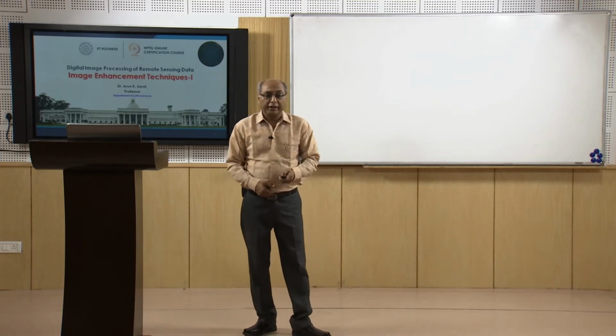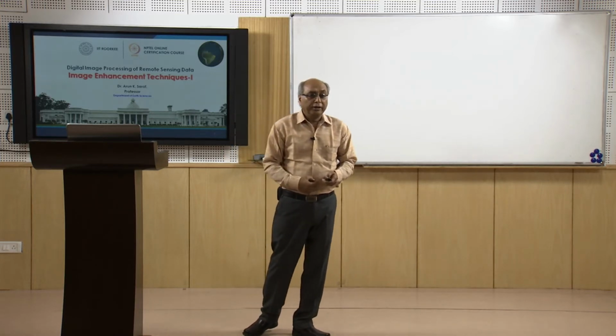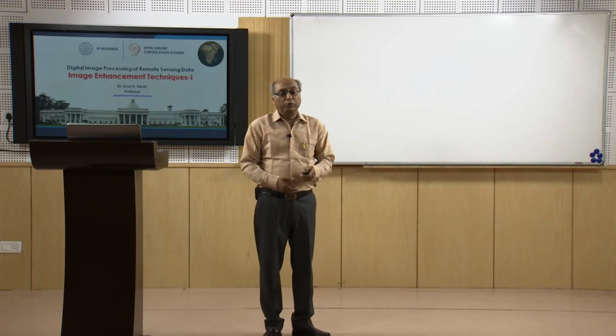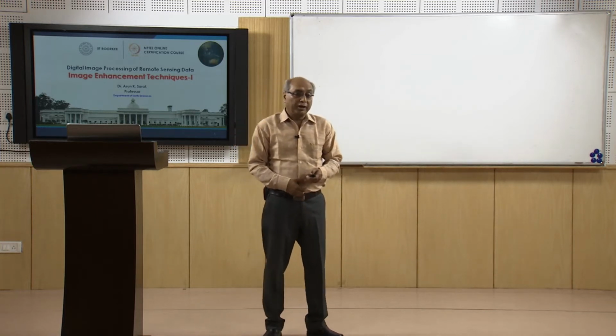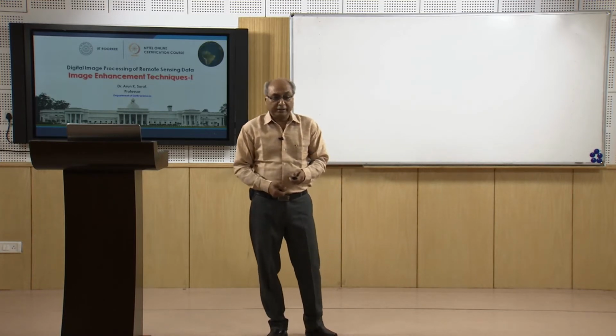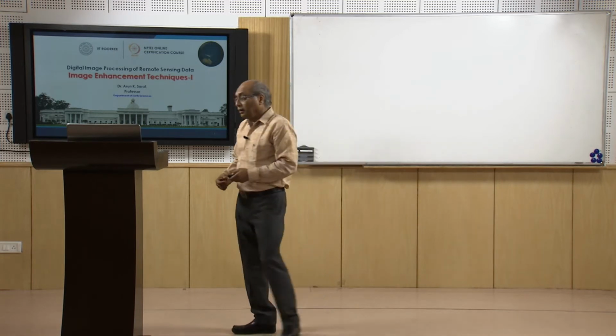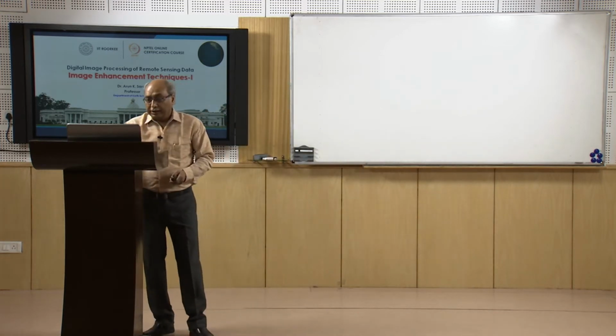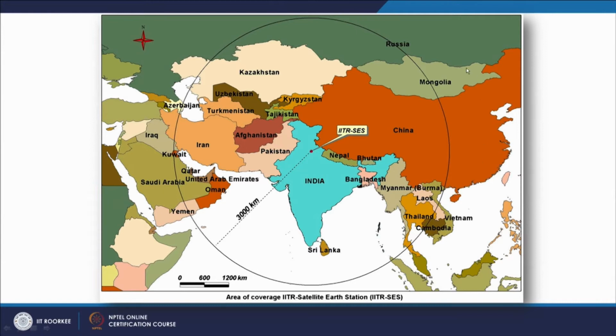Each satellite will have its own footprint, and this is the footprint of NOAA AVHRR relative to our earth station, IITR SAT, which is located here. It is an inverted cone, with the base of the inverted cone plotted on the map of Southeast Asia, and it covers a very large area, a circle of 3000 kilometer radius.